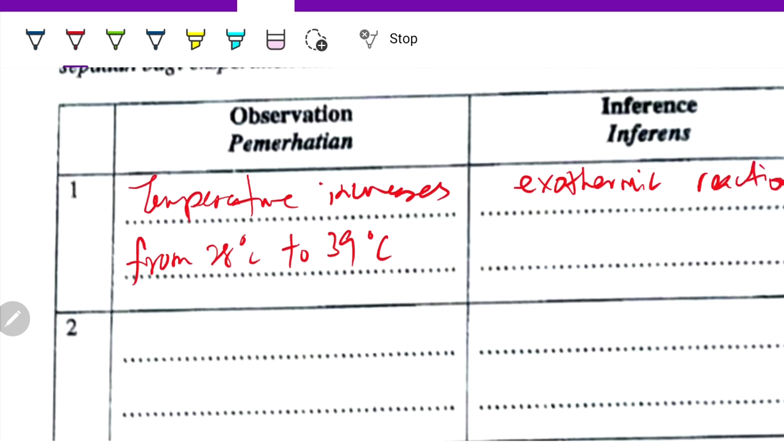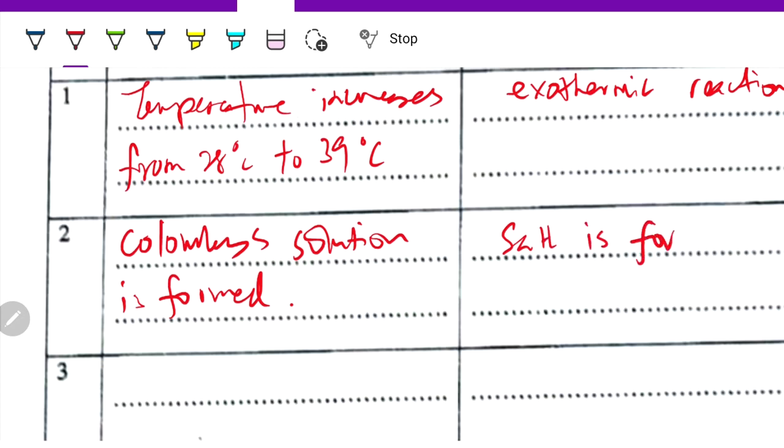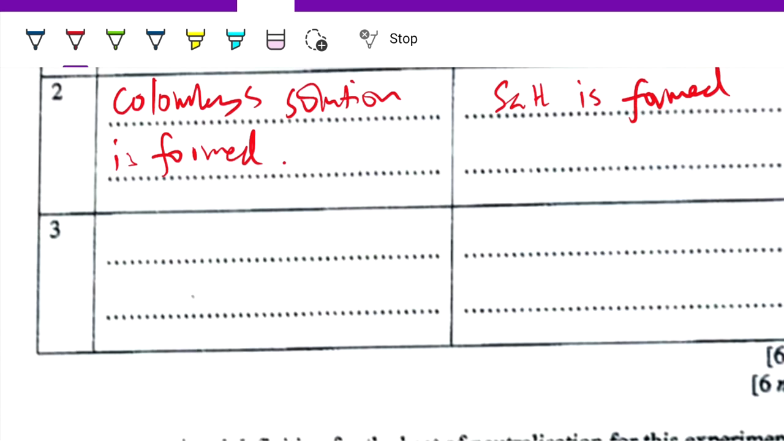Next one, colorless solution will be formed. Why? Because the salt is formed. The salt will be ammonium chloride. Then another one, you can say ammonia. It has a pungent smell, right?